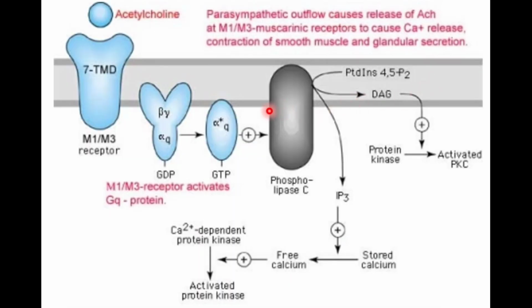On the other hand, the muscarinic receptors on the gastrointestinal tract are M1 or M3 subtype. These receptors are associated with phospholipase C via a specific G protein.